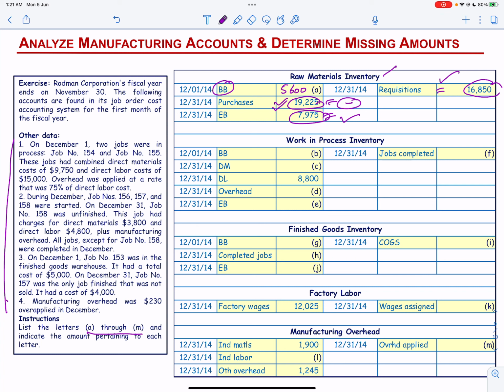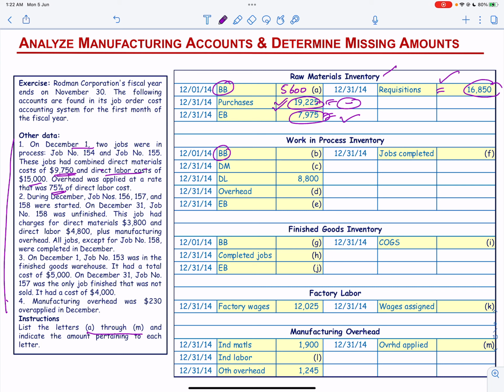Next we go for work in process inventory, and for this we go for the beginning balance, and it is given in the question: on December 1 two jobs were in process, job number 154 and job number 155. These jobs had combined direct material of 9750 and direct labor of 15,000. Overhead was applied at a rate of 75%.